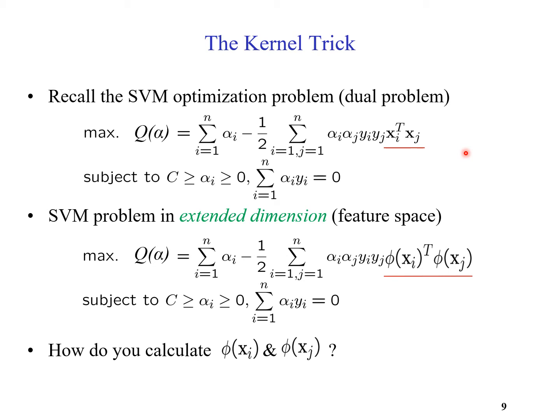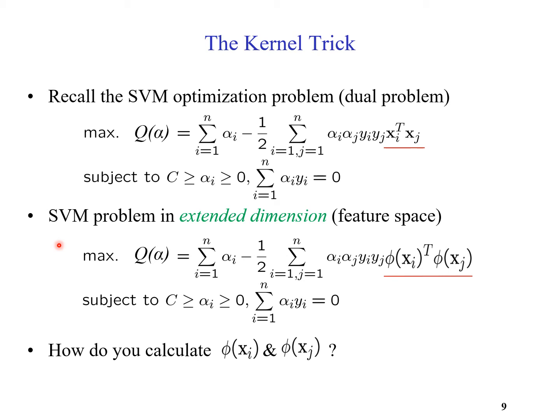So suppose we expanded the input dimension to a higher dimension, which means we have a mapping. Then in the extended space, the SVM problem looks like this. Does it make sense?